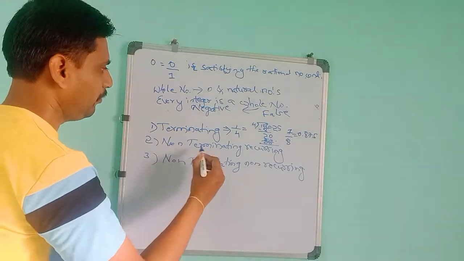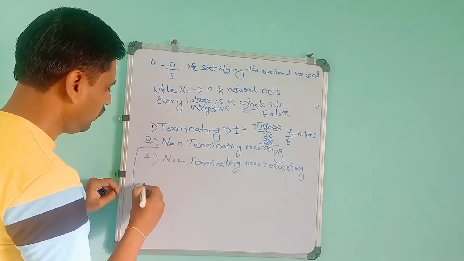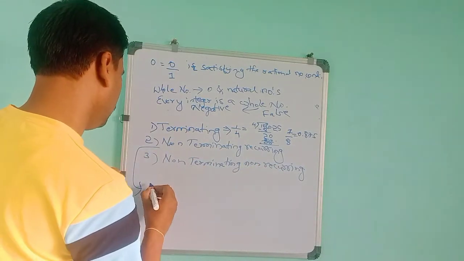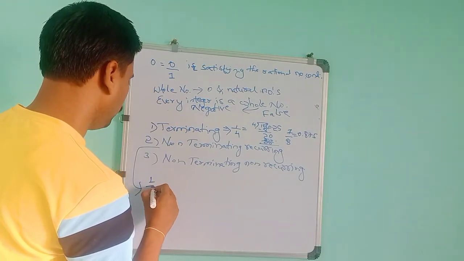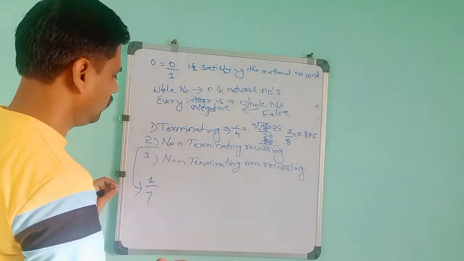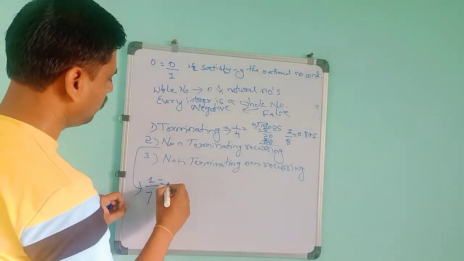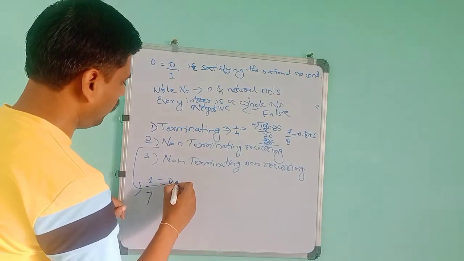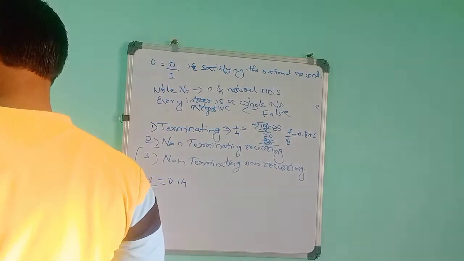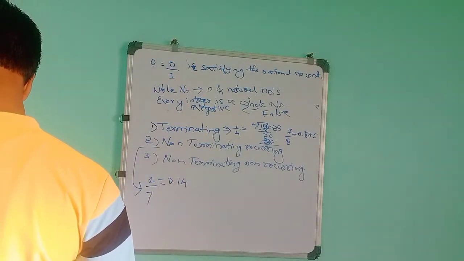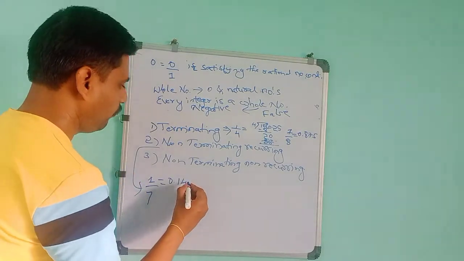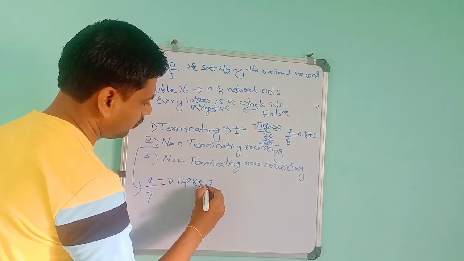Now if you take non-terminating recurring. Non-terminating recurring means, you take the example 1 by 7. Its value is 0.142857.